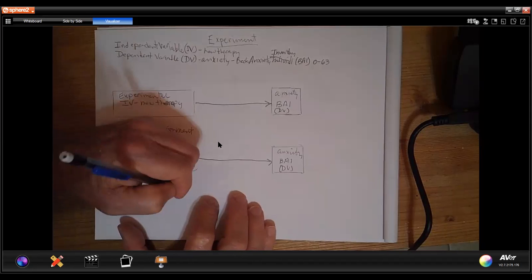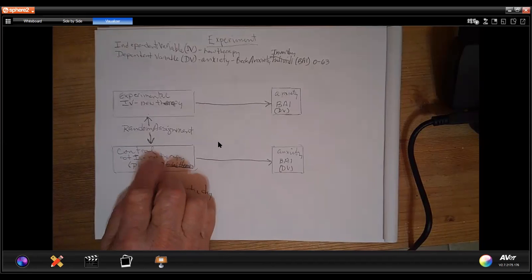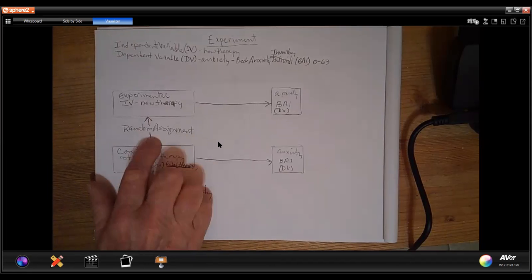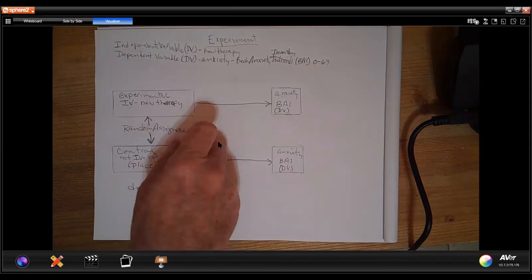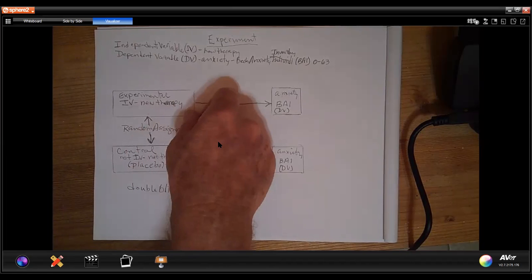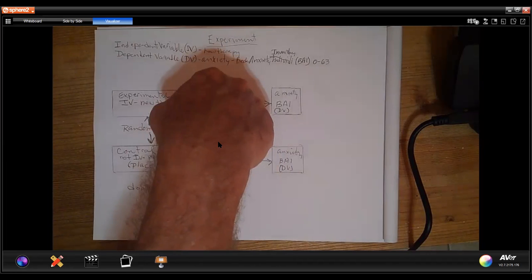Double-blind study. And what's that? Neither the participant nor the research assistant that is administering the treatment knows which is the real thing. So neither the participant nor the research assistant knows which pill is the real pill and which one is the placebo.